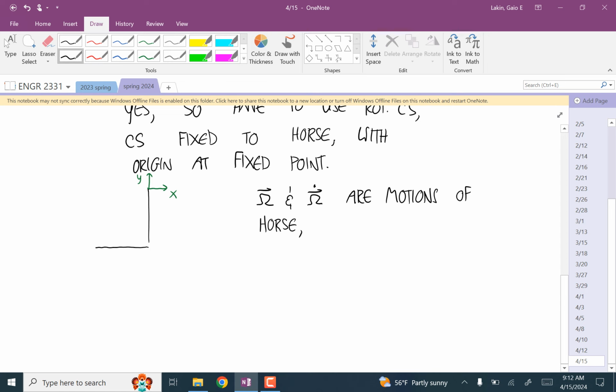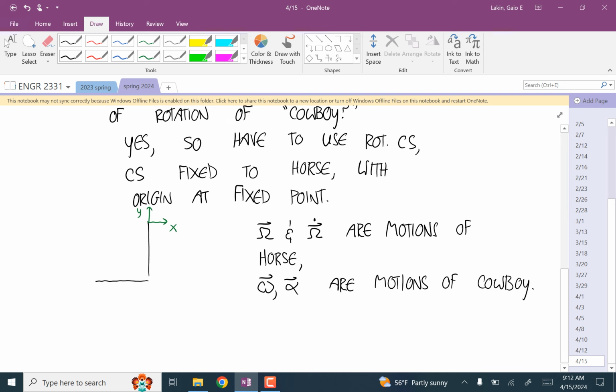Okay. And lowercase omega and alpha are motions of the cowboy. Okay? And every problem is like this.